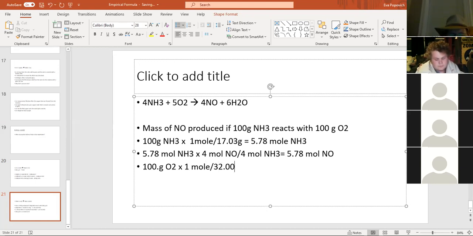All right. If I want to stop here at this point just to make a point for you: when you were doing empirical formulas, you were finding the molar ratio between the atoms. So when you were doing that, you took the grams of oxygen and divided it by 16, which is the atomic weight of oxygen.